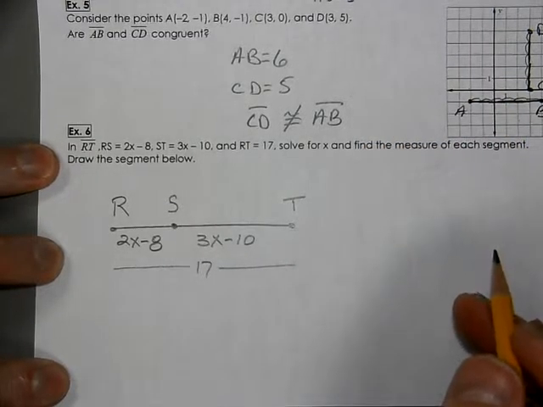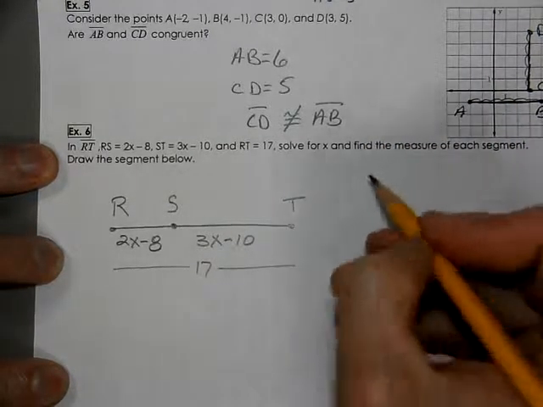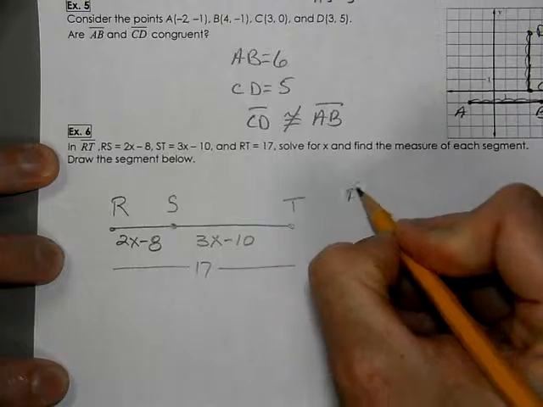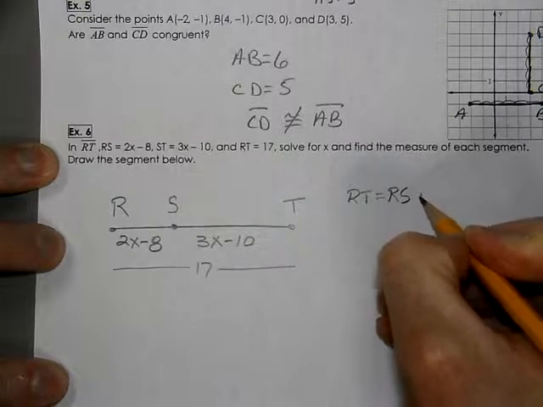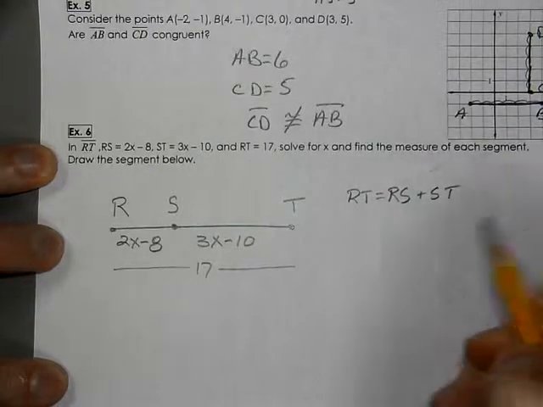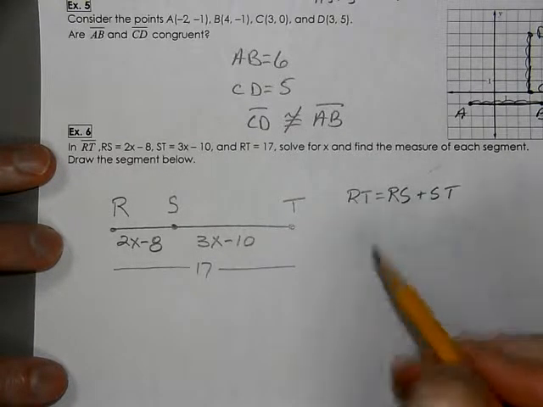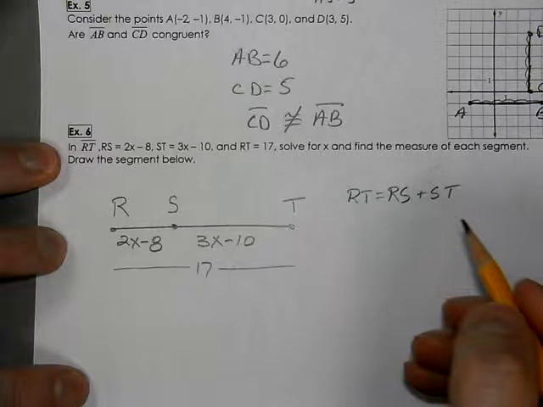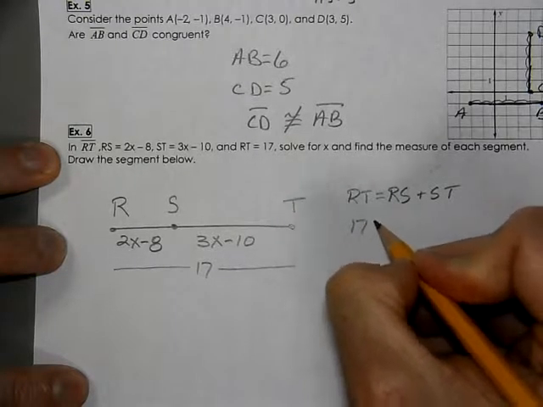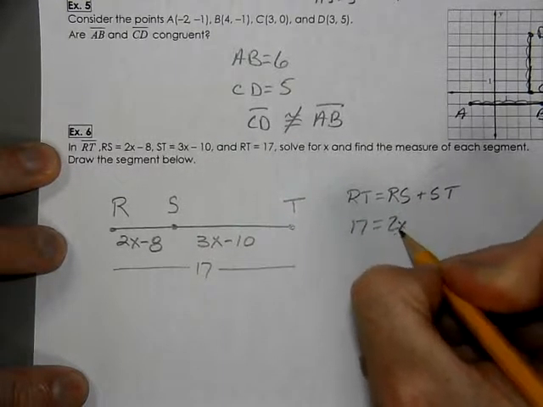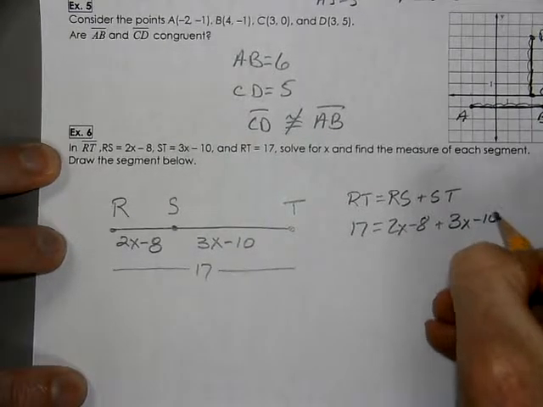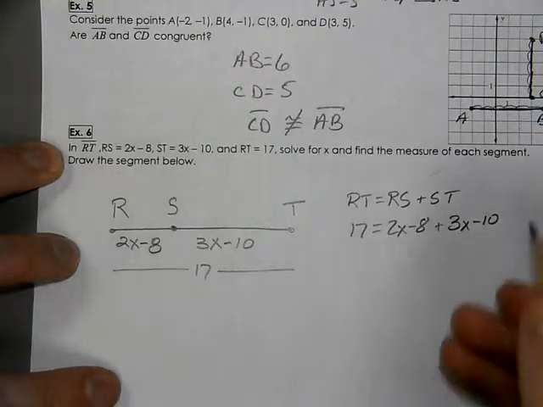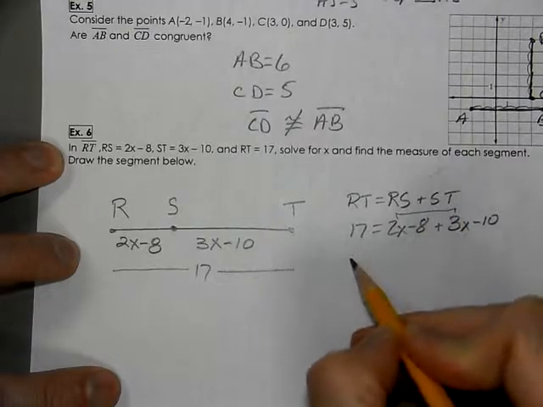So now we can use our segment addition postulate that RT equals the two small parts. It doesn't matter if you put the RT last or first. We plug in our numbers. We have 17, 2x minus 8, 3x minus 10, and group our like terms together.